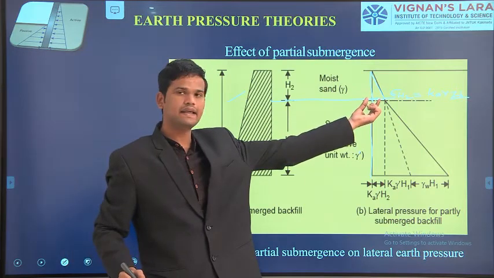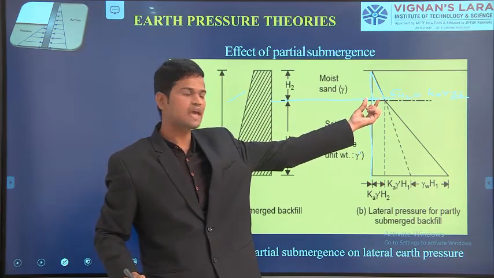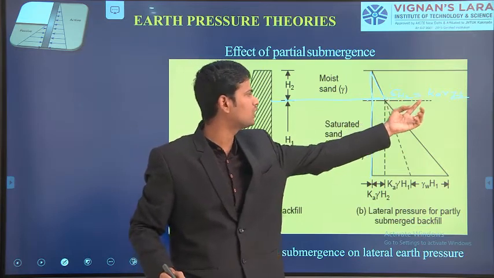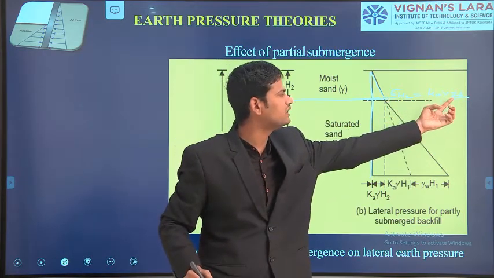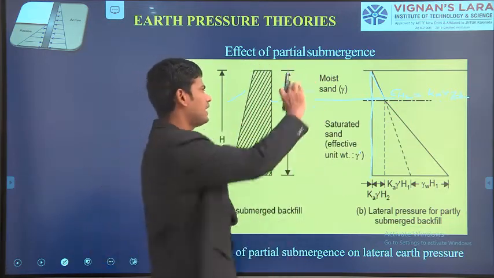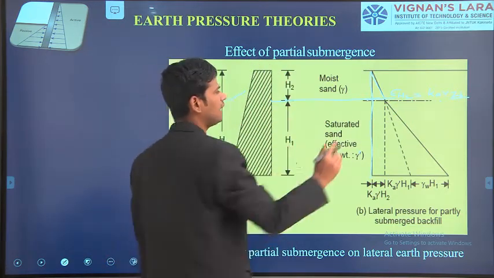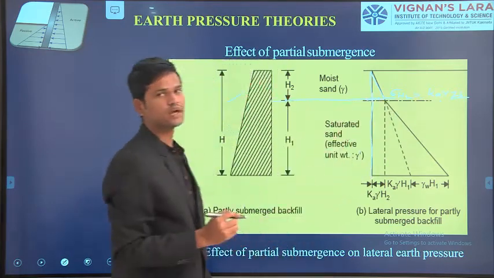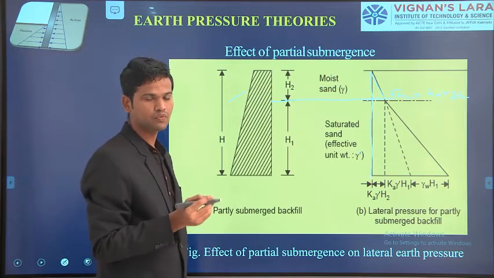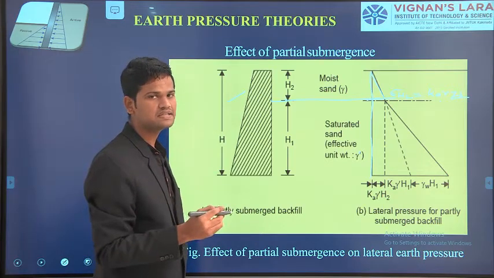So sigma H, or Pa, equals Ka gamma H2, where H2 is the height of this particular layer, and Ka is the coefficient of active earth pressure, calculated as 1 minus sin phi by 1 plus sin phi.